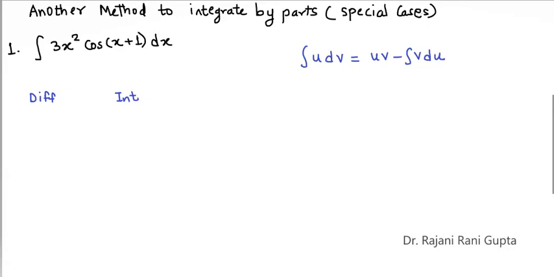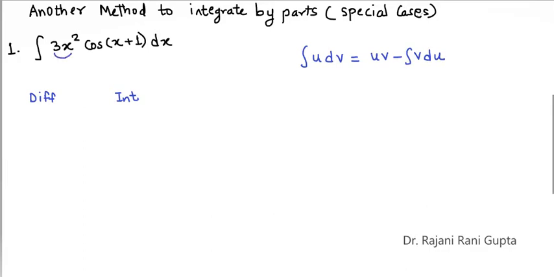This method is applicable only when one of the two functions under multiplication is an algebraic function, meaning a polynomial, because the requirement of this method is we should have a function in differentiation such that after certain derivatives it will give you value 0. That is possible only in the case of an algebraic function or a polynomial.